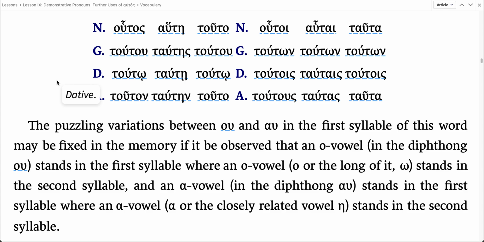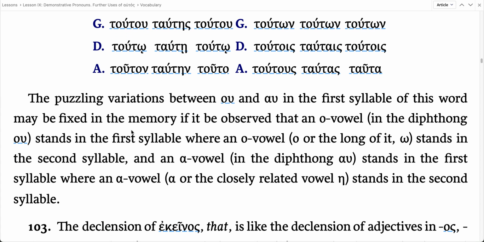Now, the statement made here says the puzzling variations between ou and au in the first syllable of the word may be fixed in the memory if it be observed that an o vowel in the diphthong ou stands in the first syllable where an o vowel or the long of it stands in the second syllable. And so this goes back to lesson number 1, where it's talking about vowels, the short vowels and the long vowels.